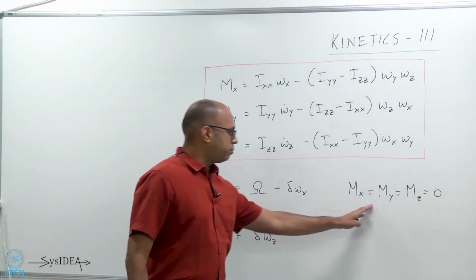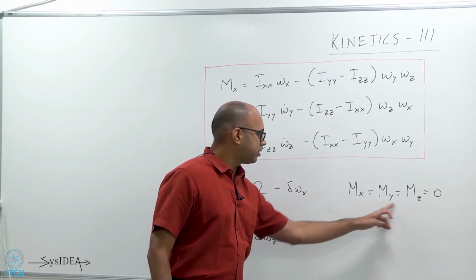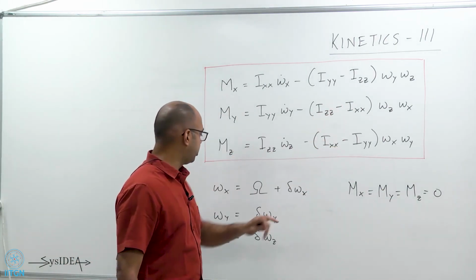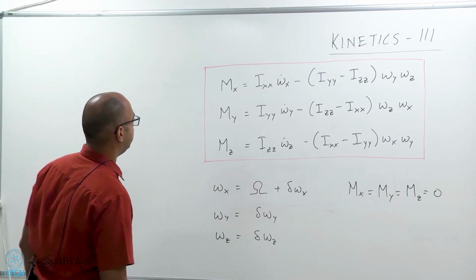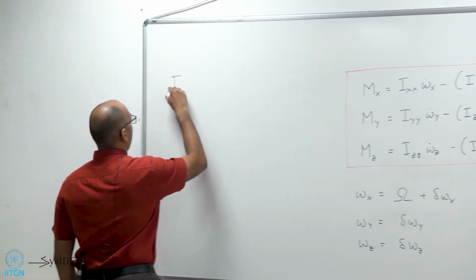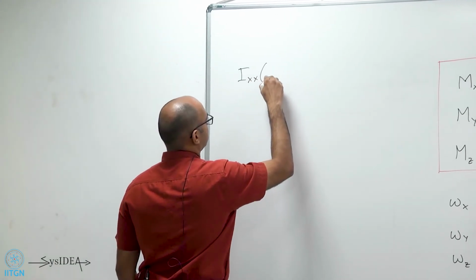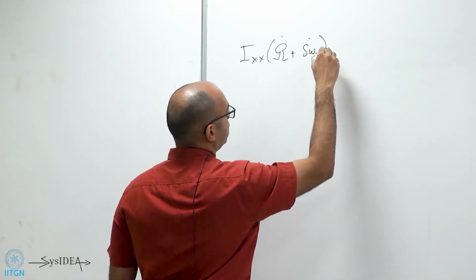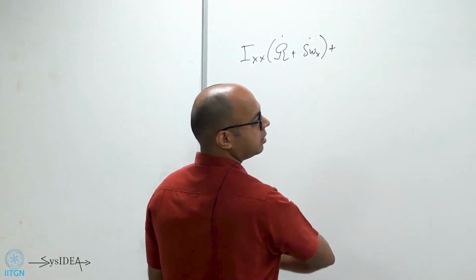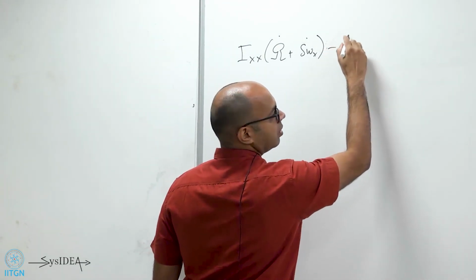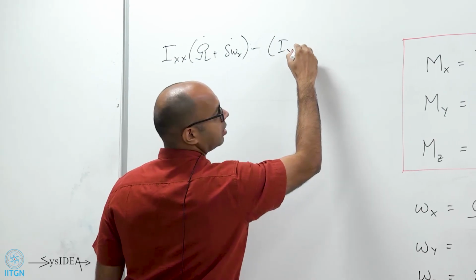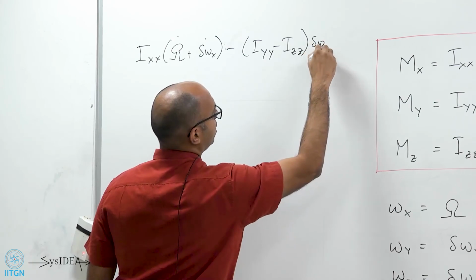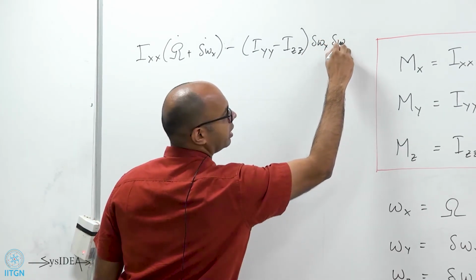Okay, now let us plug all of these back into Euler's equations. So the left hand side all becomes 0, and on the right hand side, for all the omegas, let's plug these in. So in the first equation we will get Ixx times (capital Omega dot plus delta omega x dot) minus (Iyy minus Izz) multiplied by delta omega y delta omega z.